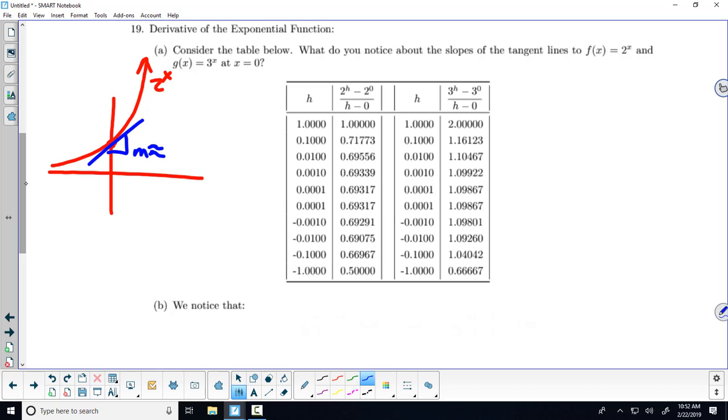This is 2 to the h minus 2 to the 0. That's y2 minus y1 all over x2 minus x1. Okay? So I'm bringing in the secant lines closer and closer to get the slope of the tangent line for 2 to the x at 0. And what do I see? I see that it's pretty close to decimal point 0.69.